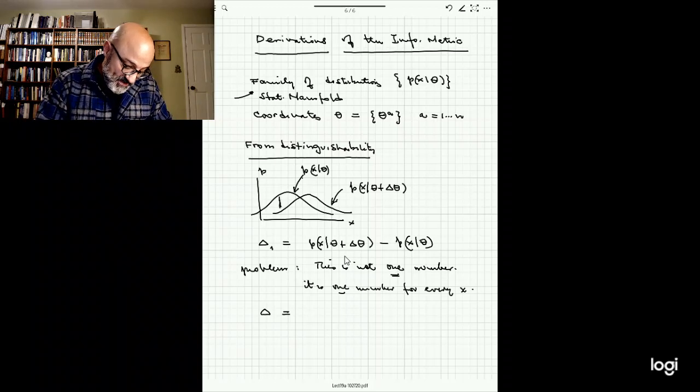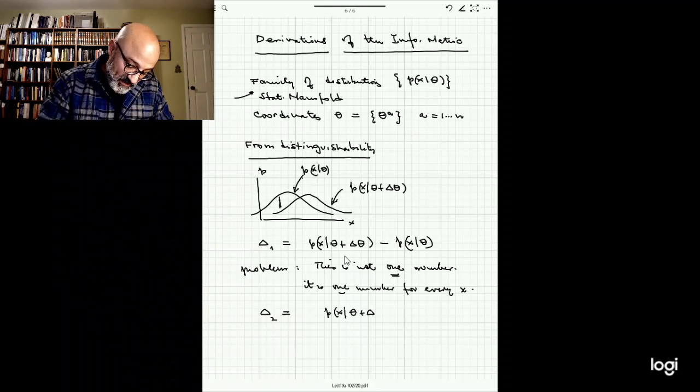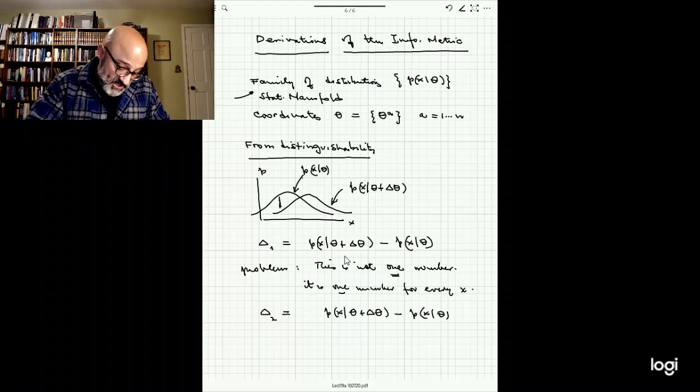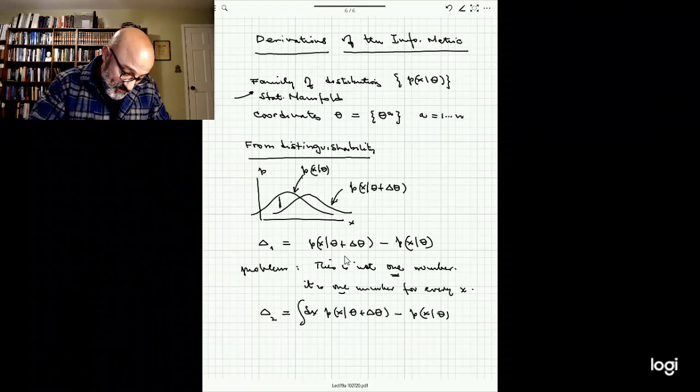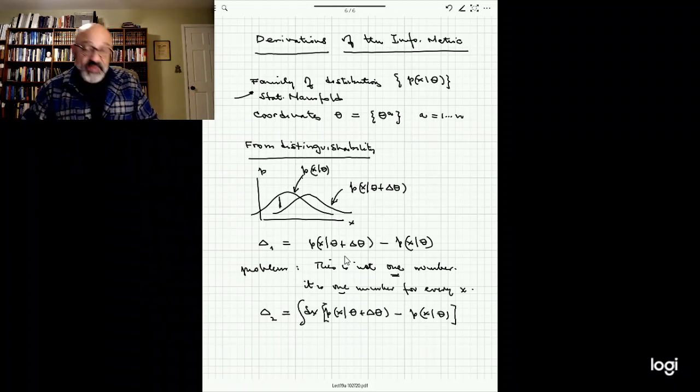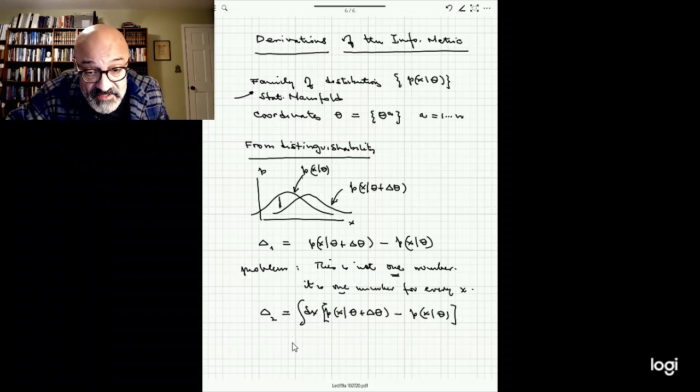This is going to be my second attempt. Take those numbers and just add them all up. Okay, well, this now smells much better because at the very least, this is a single number.